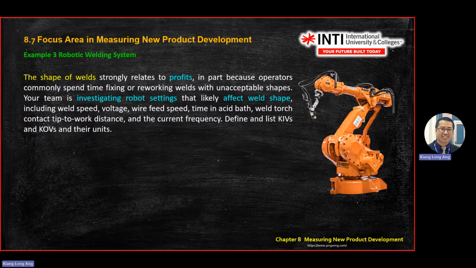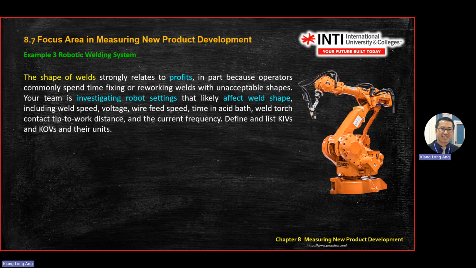Example 3 is the welding robot arm. So the shape of the weld is related to profit. If you're able to weld nicely, your maintenance cost will be minimized. The rejects will be minimized. Right. So you want to investigate the robot settings that affect the welding quality.